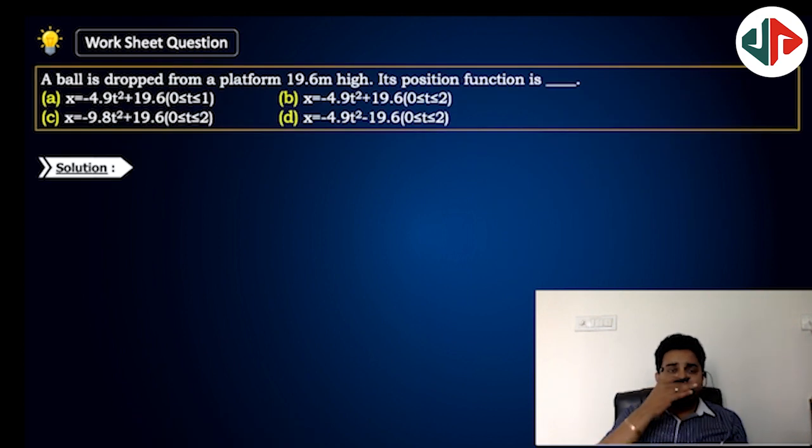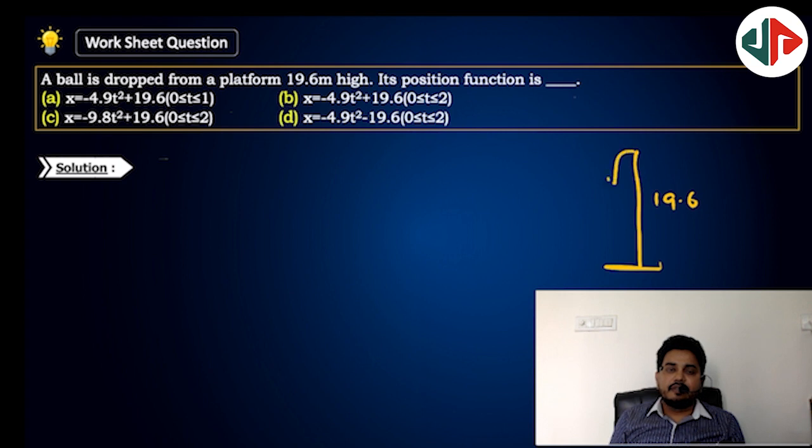A ball is dropped from a platform of, from here, this is 19.6. The position of the function, how is this going to come? So the formula, yes, here x is given. x is equal to, or s is equal to ut plus half at square.